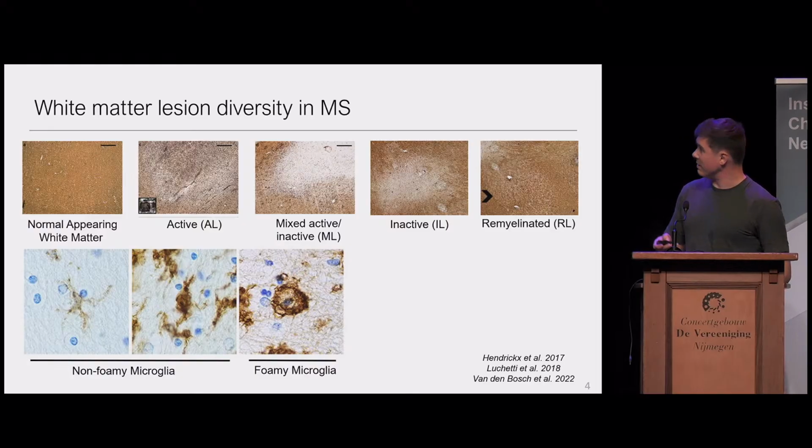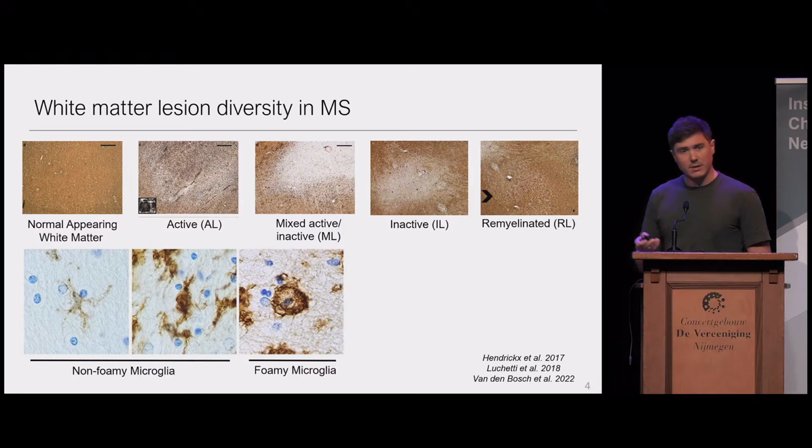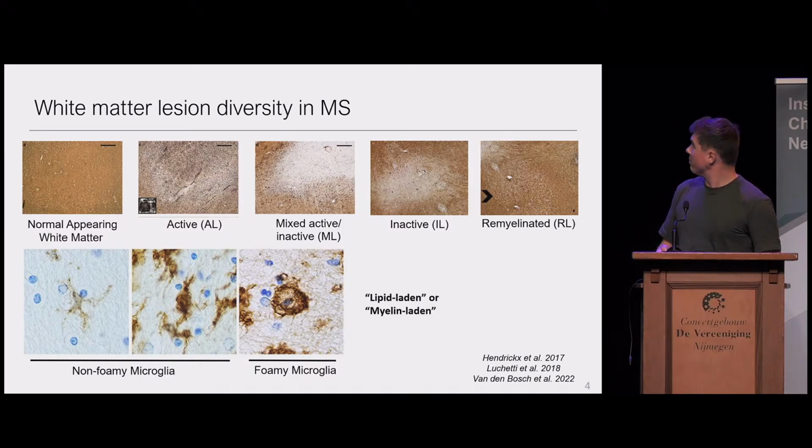And Bart already mentioned these foamy microglia that arise in MS. You can really see them by the rounded morphology and the lipid-laden appearance. You see these vesicles arising in the cytoplasm of these microglial cells. So that's also why they're called lipid-laden or myelin-laden.